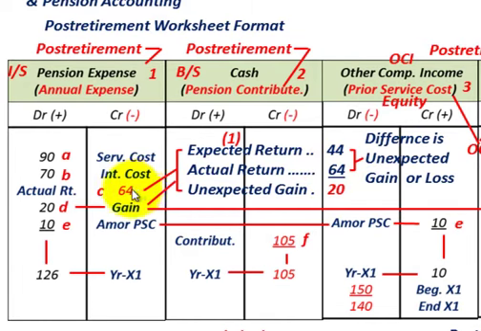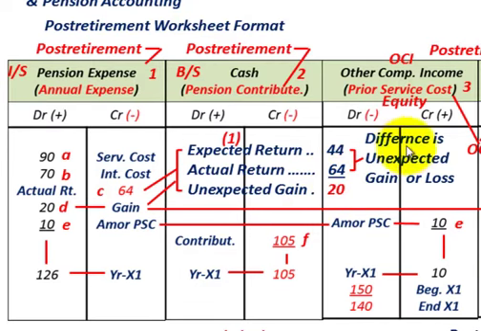So going over to our pension expense, we would credit it, or reduce our pension expense, for the actual return that we had of $64,000. Now, to balance out, we would have an unexpected gain, because we expected only $44,000 and our actual return was $64,000, so we have an unexpected gain of $20,000.